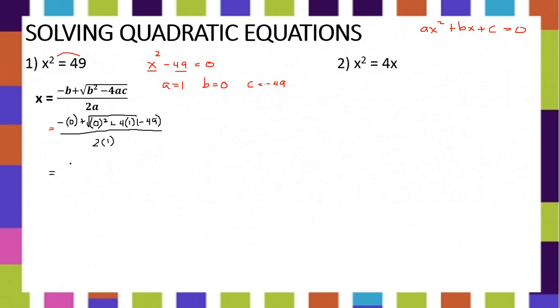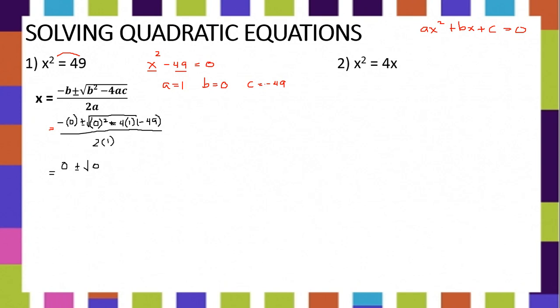I-simplify na natin. So, negative 0 is 0. Plus, positive, negative pala. May nakalimutan ako. Positive, negative pala yung nakalagay dyan. Positive, negative square root of 0 squared is 0.